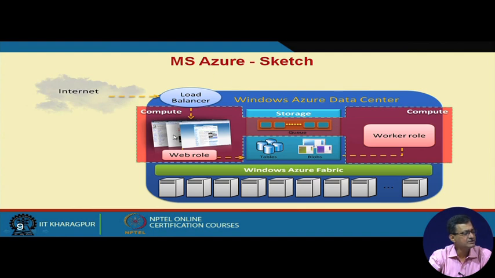If you have the overall sketch, you have the bare metal, then the Azure Fabric, which interacts with and manages these resources, and then we have different things: compute, storage, the web role and worker role, then tables and blobs, which are more about the storage component. Users, customers, or businesses connect through the internet.